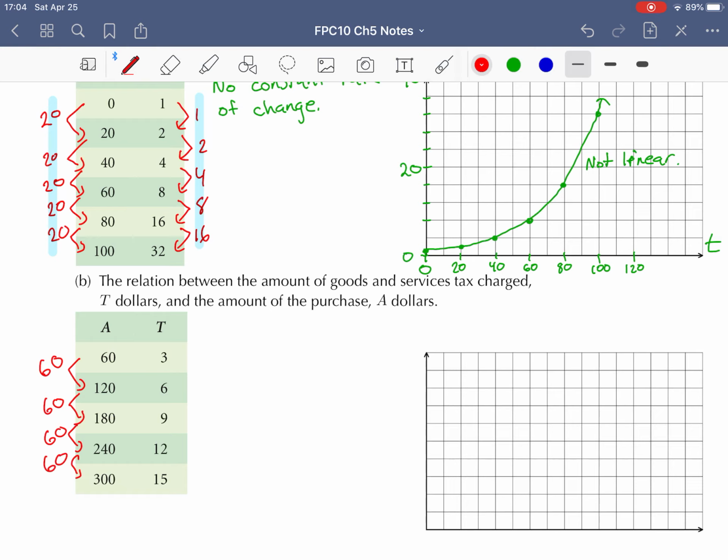That's constant. It goes up by 60 each time. Our tax is going up by 3 each time. We can tell right away that this is linear. It has a constant rate of change.